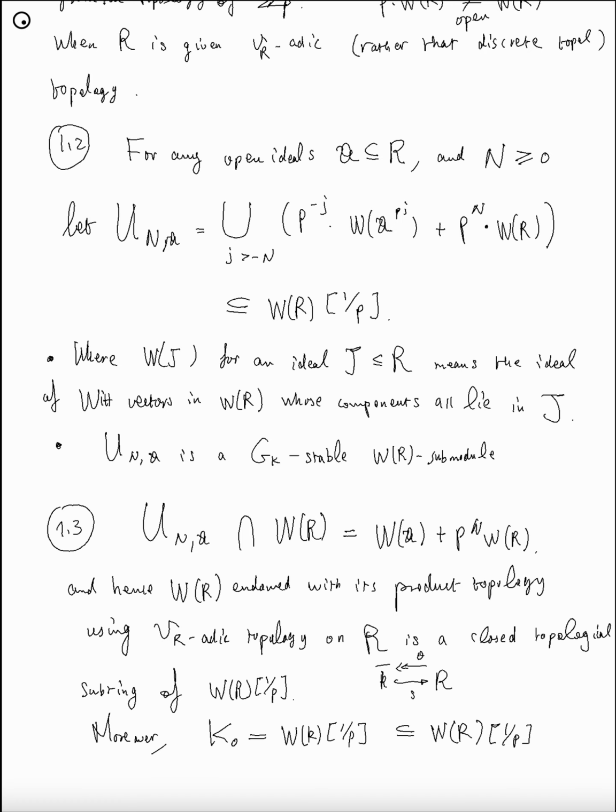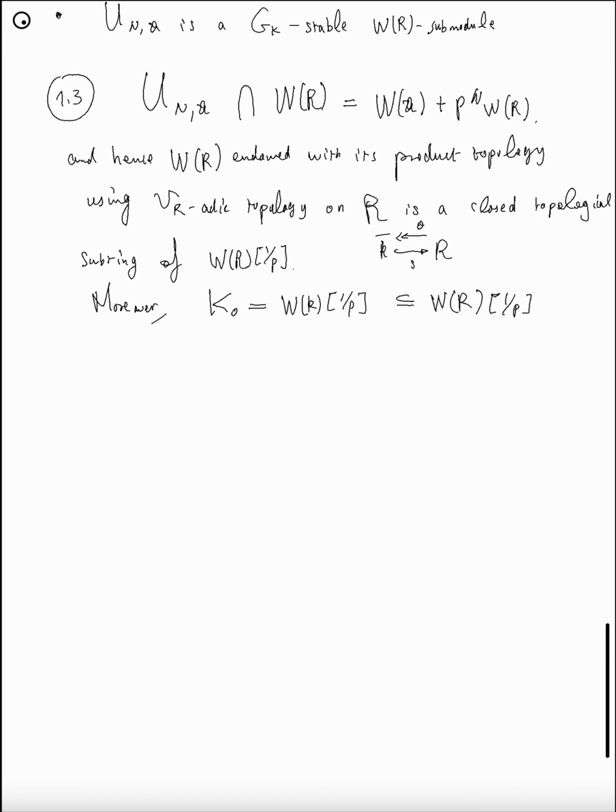And so the topology here, then this W(A) will be trivial, because k is a field and the only open ideal is 0, and so what you get is only the p-adic topology, which is exactly the topology on K0.